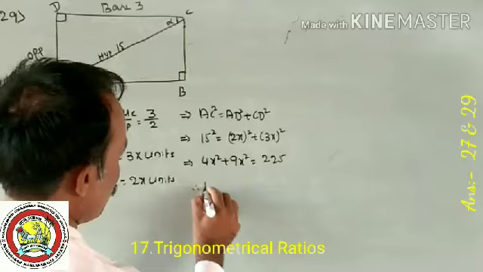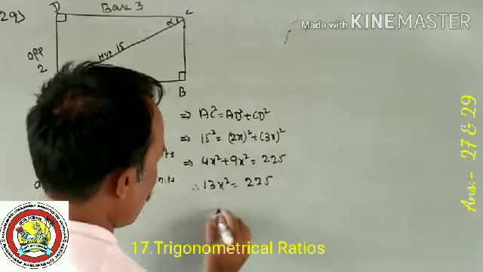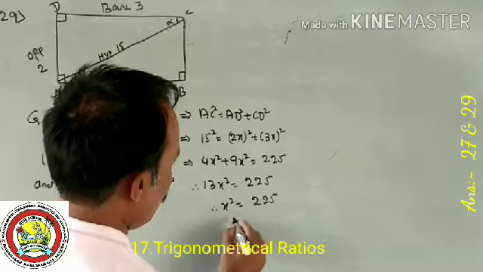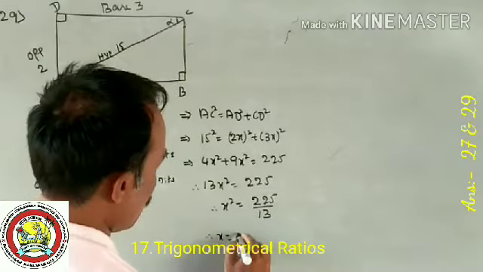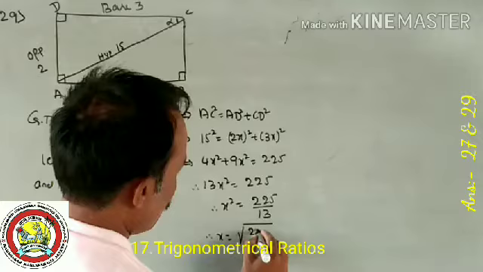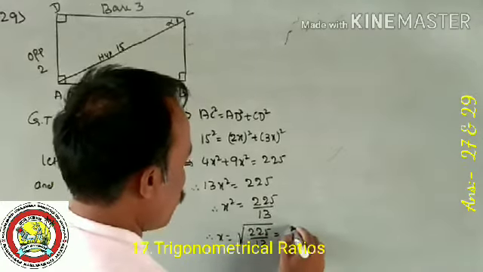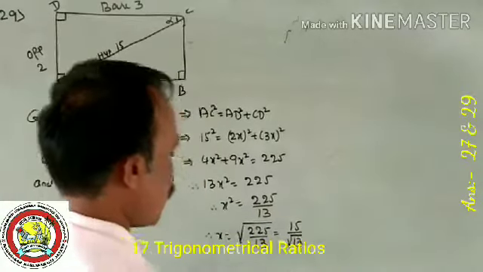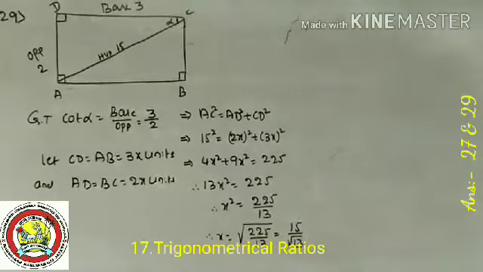Therefore 13x square is equal to 225. Therefore x square is equal to 225 divided by 13. Therefore x is equal to square root of 225 divided by 13, square root of 225, that is 15 divided by root 13. The value of x is equal to 15 divided by root 13.